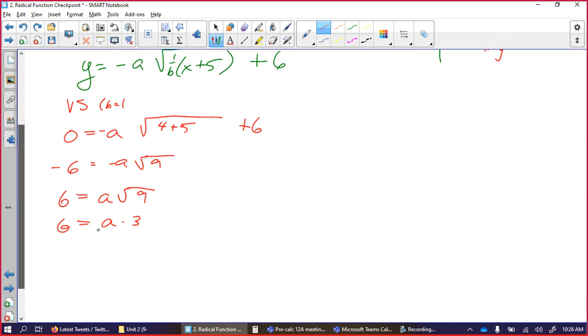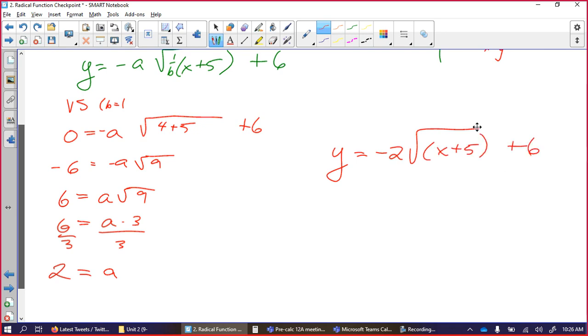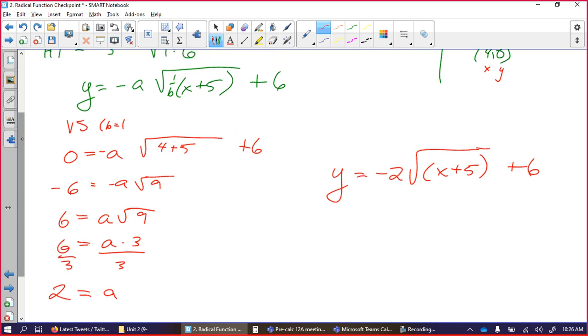Divide by 3, divide by 3. A is 2. Y equals negative 2 square root of x plus 5, plus 6. Don't make the mistake I did and forget to put your x into the equation.